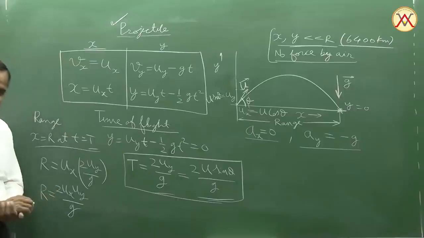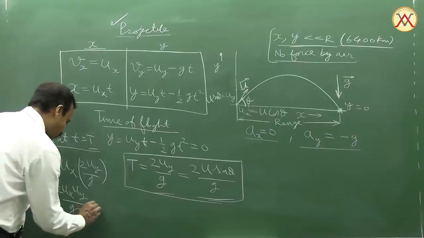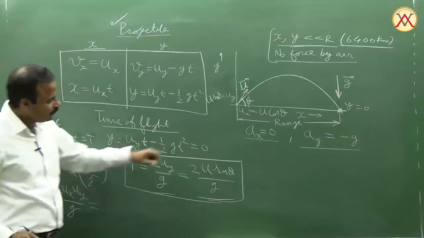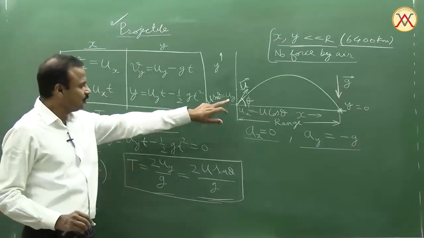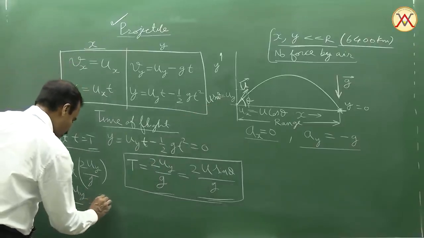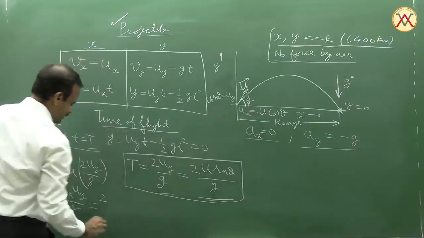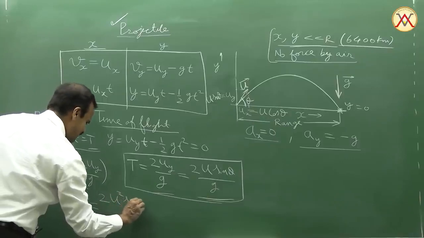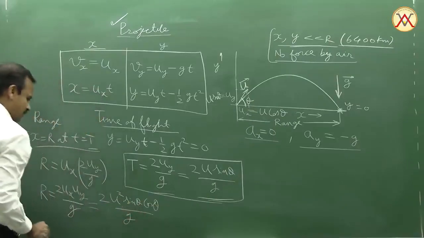If I want to write it in terms of magnitude and direction, what I will do is I will replace this ux by u cos theta and uy by u sin theta. So, if I do that, I will get twice of, now multiplying these two means it becomes u square, then sin theta cos theta by g.